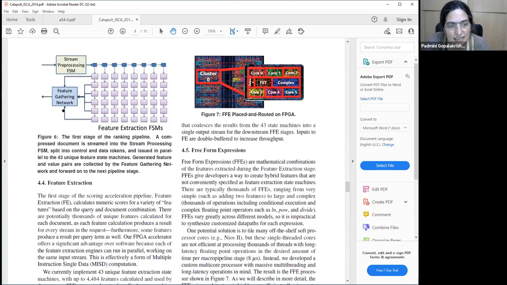You take the document, do some pre-processing, and then send this input data in parallel to each of these feature extractors. All these feature extractors work on the same data, but they do a different computation.